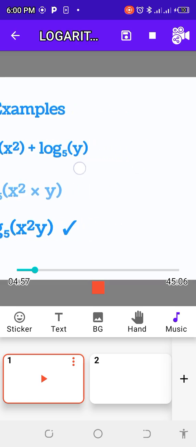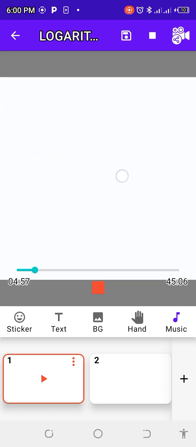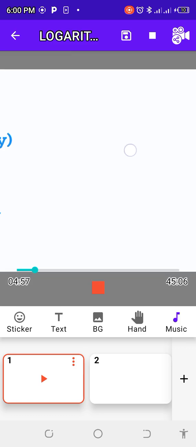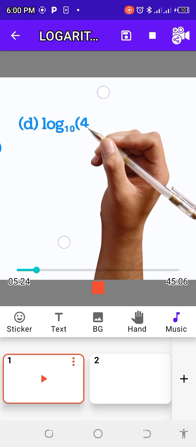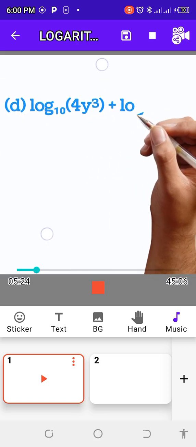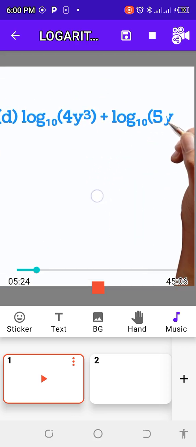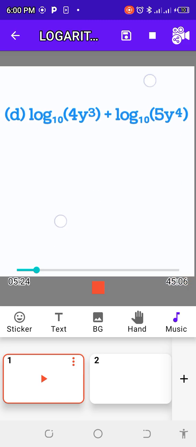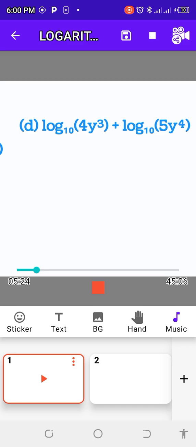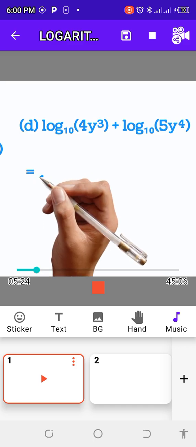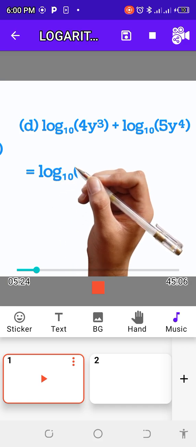Example D. Log 4y raised to the power 3 plus log 5y raised to the power 4, all in base 10. What we need to do here is, this question contains figures and alphabets.